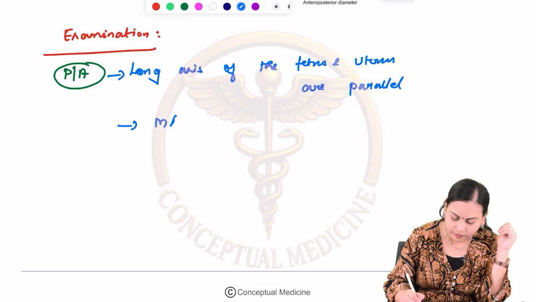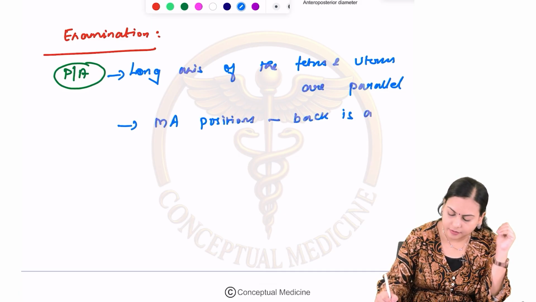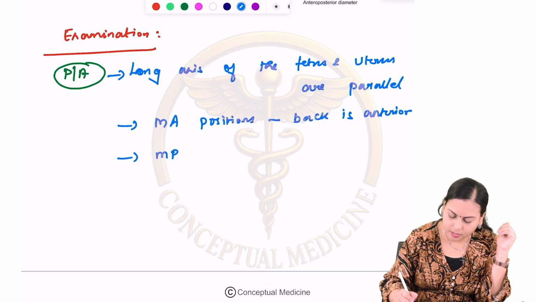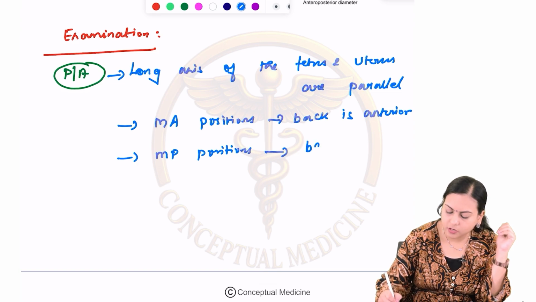Then in mento-anterior positions, you will have the back also anterior. Okay, whereas in mento-posterior positions, the back is going to be posterior.